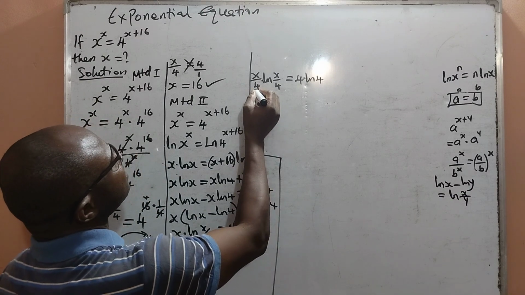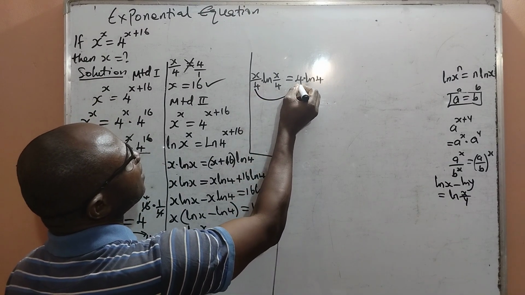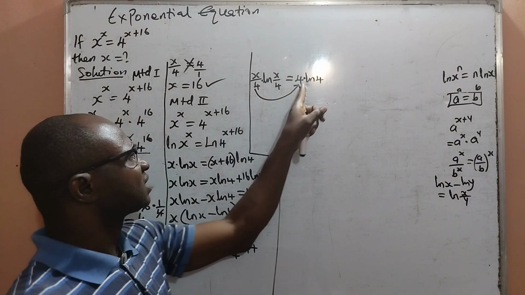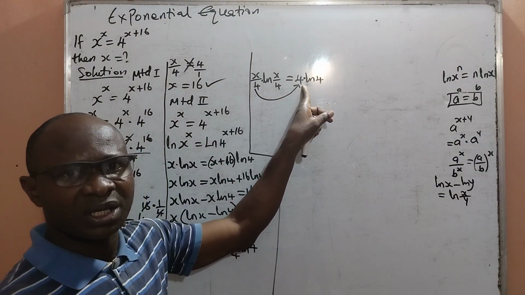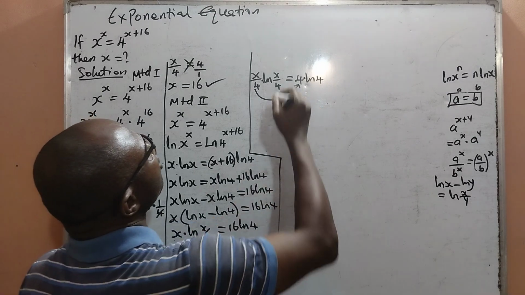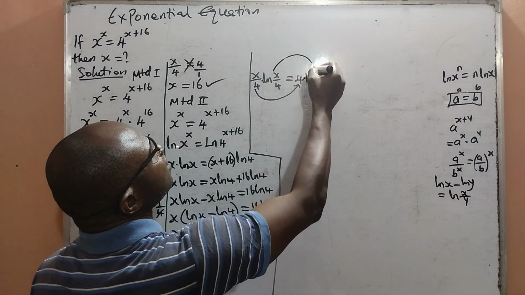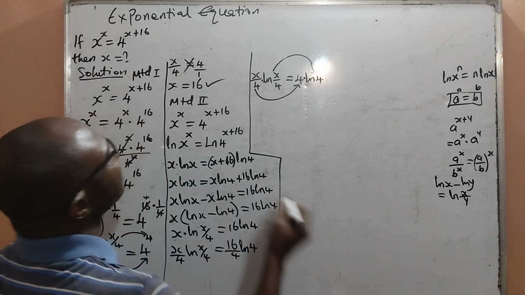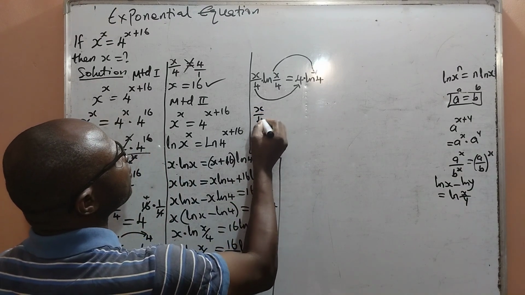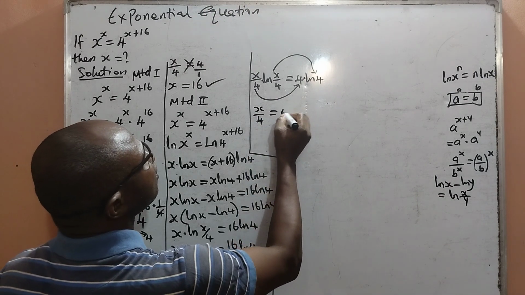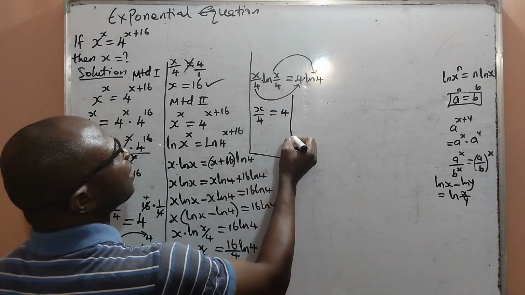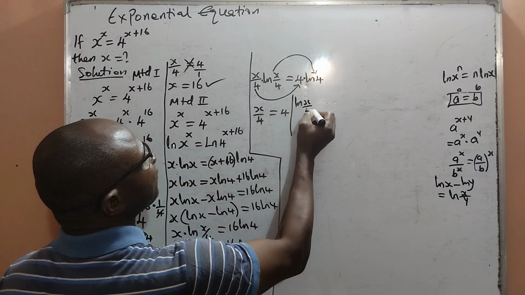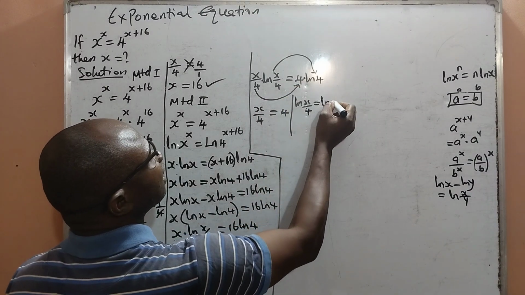Therefore, the first is equal to the first. The first from the left is equal to the first on the right. And also the second from the left is equal to the second on the right. What that means is that x over 4 now is equal to 4, okay? And you can also say that ln of x over 4 is equal to ln 4.